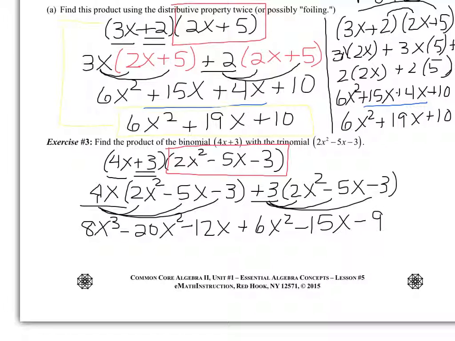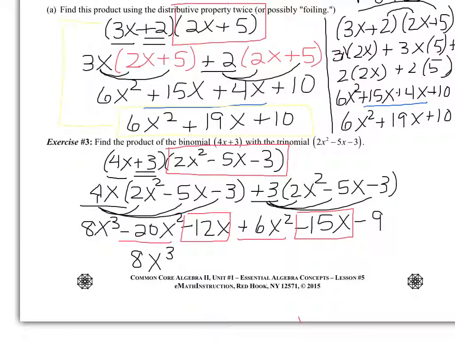If you go ahead and combine like terms at this point, I have a minus 20x squared, I'm going to have a plus 6x squared, and again be careful of your signs. I have a minus 12x that I will be able to combine with a minus 15x. And when I do that combining, I will end up with my polynomial.